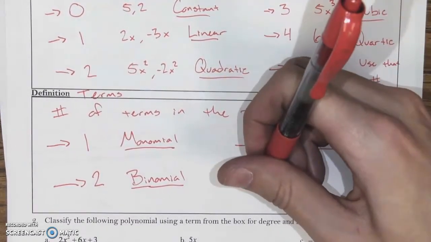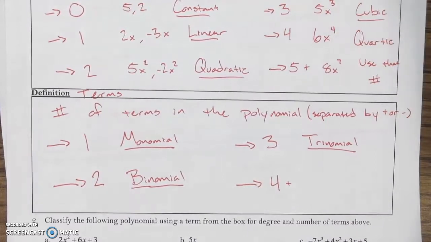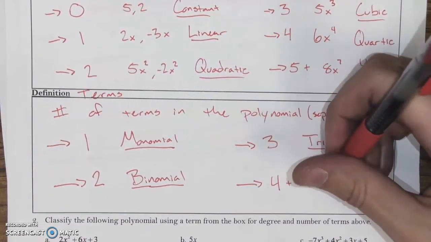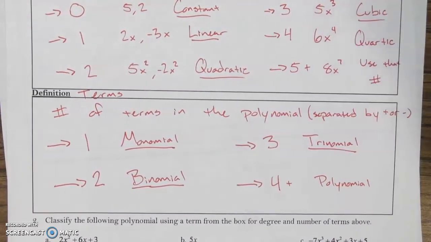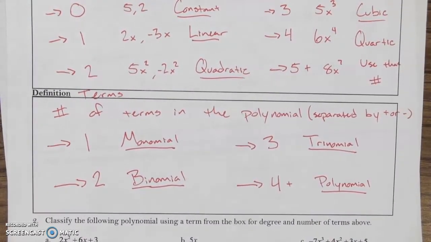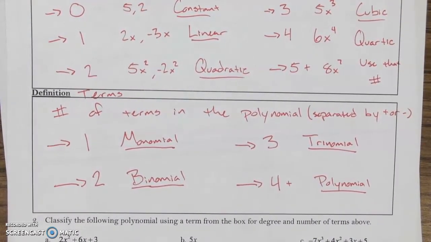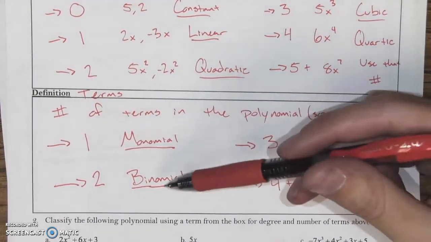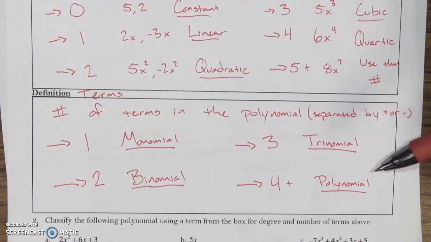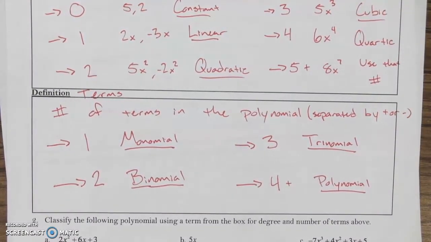And finally, if it has 4 or more terms, we just call that a polynomial. Poly meaning many. So an easy way to remember this is by their prefixes. Mono, bi, and tri tell you 1, 2, and 3 terms. Polynomial is just many terms, 4 or more.